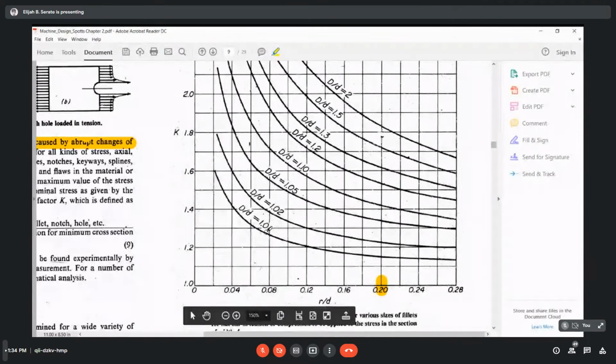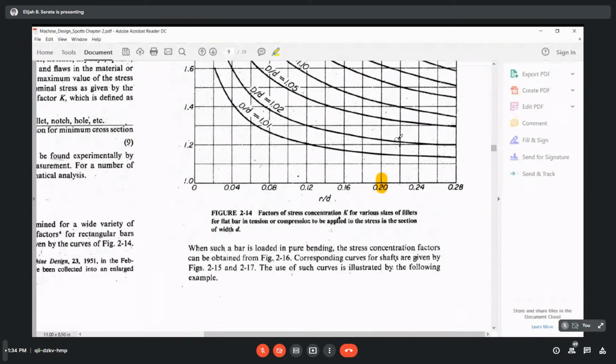You will notice that the smallest capital D over small letter d is 1.01, then you go to 1.02, 1.05, 1.1. Okay, so 1.8. So this is 1.5. You divide that into 5, probably you will have 1.8. So approximately it is somewhere here.